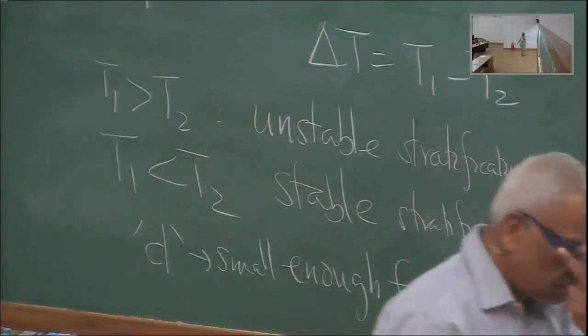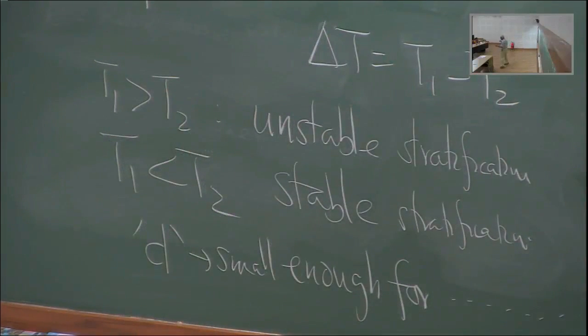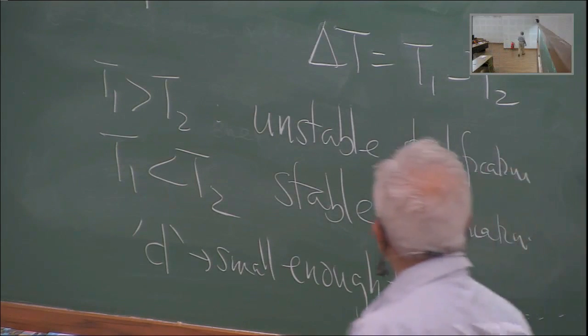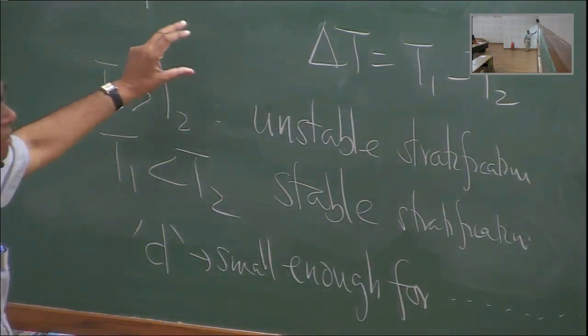That's the convention everybody uses, bottom plate minus top plate. And I'll increase the value of delta T, whether heated from above or heated from below, and ask what happens to the flow pattern. How is turbulence generated in this system? So this is the primary question.